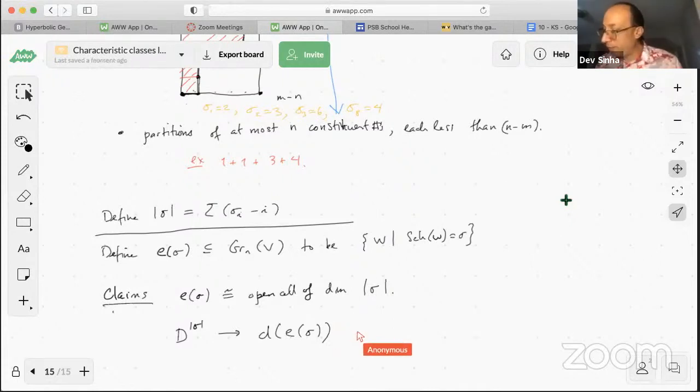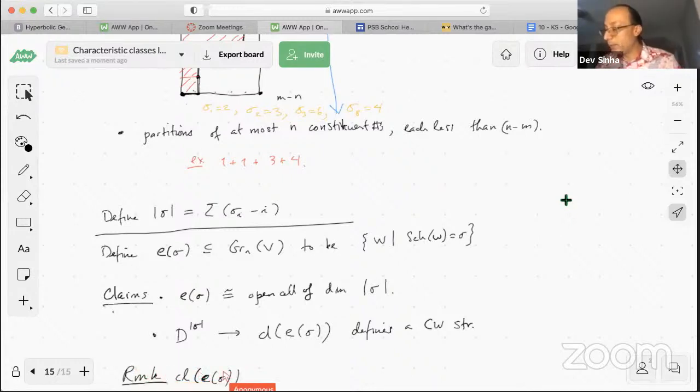And then this defines a CW structure. So that is, the images of boundaries go to cells of lower dimension. And let me add something else, sort of a third claim, or this is more of a remark.